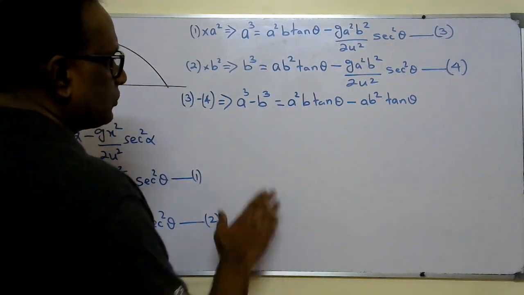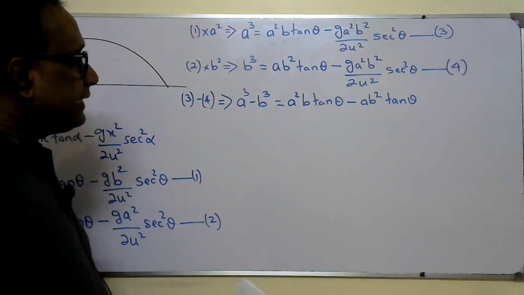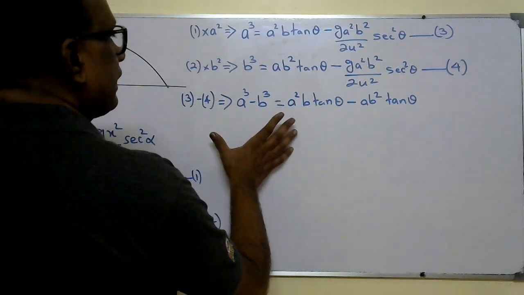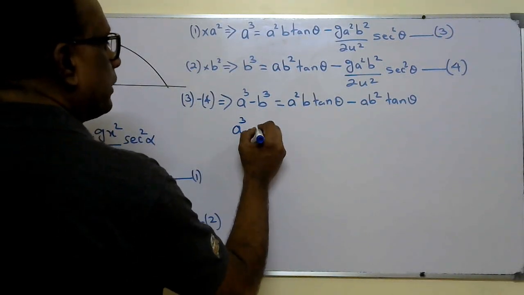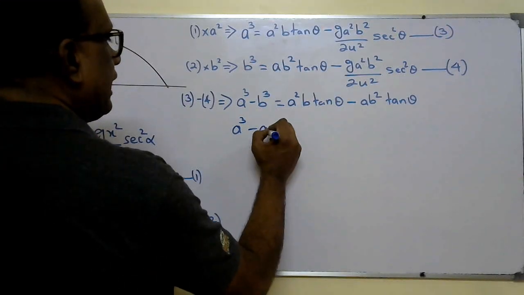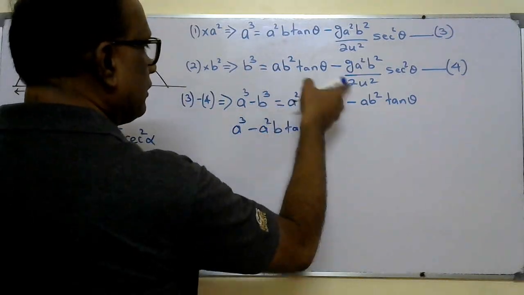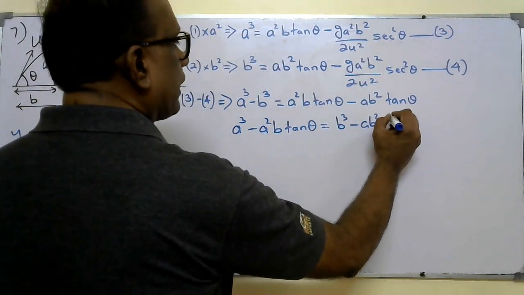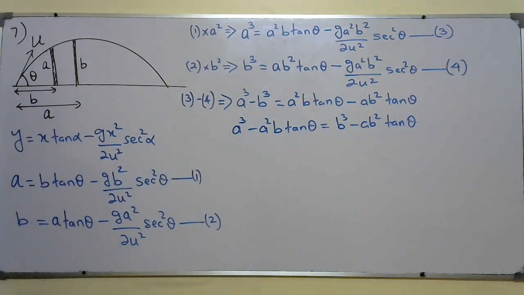What can I do? So a cube, you can see that a tan theta is there. If I subtract this way, a cube minus a squared b tan theta equals, bringing it to the right side, b cube minus a b squared tan theta. Something is coming, see this format.